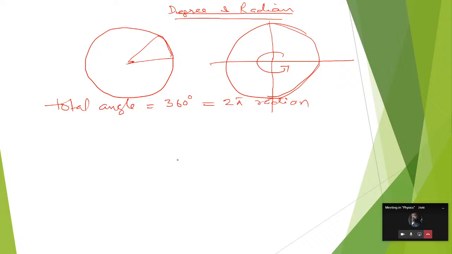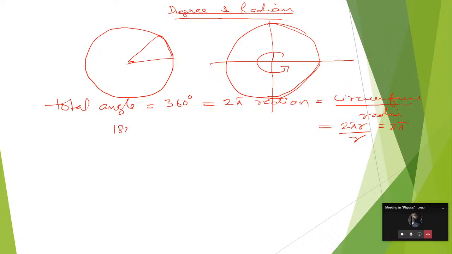So 360 degrees, how do we get this 2 pi radians? What is the circumference? 2 pi r. 2 pi r divided by r, how much will it be? 2 pi.